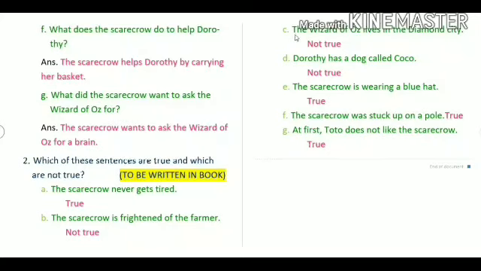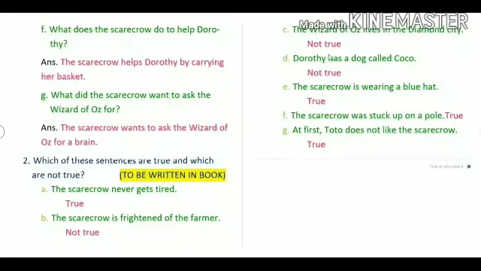Okay, number C. The Wizard of Oz lives in the Diamond City. Dorothy, Scarecrow and Toto were going to meet the Wizard of Oz, isn't it? And they were going to which city? Emerald City. The Wizard of Oz lives in the Emerald City.